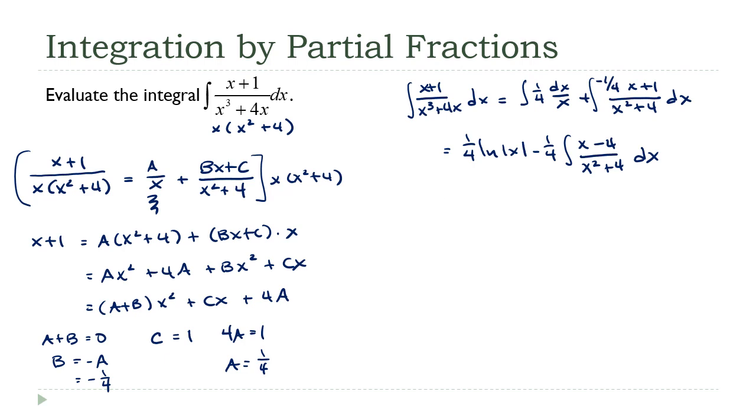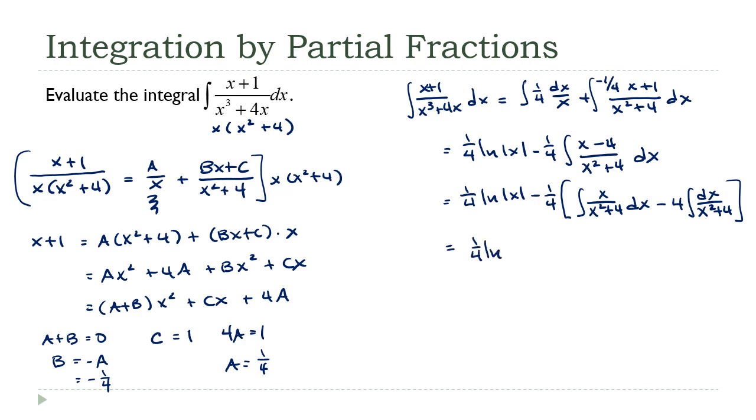Now I'm going to split the integral in parts, and I assume I'm going to split that fraction up. So this is 1/4 log absolute value of x minus 1/4 the integral of x over x squared plus 4 dx minus 4 times the integral of dx over x squared plus 4. Okay, so 1/4 log absolute value of x minus 1/4. Now this part, you see this with a u substitution.